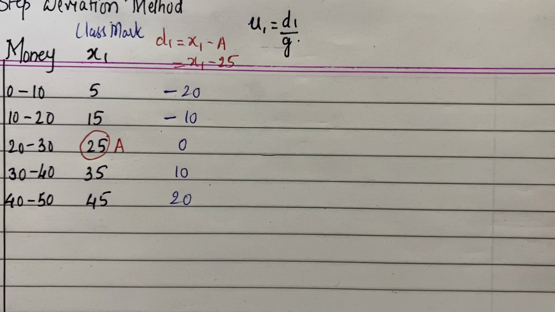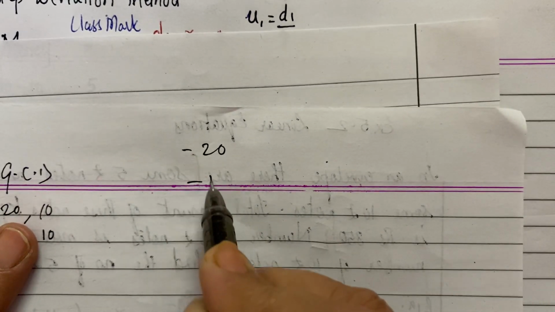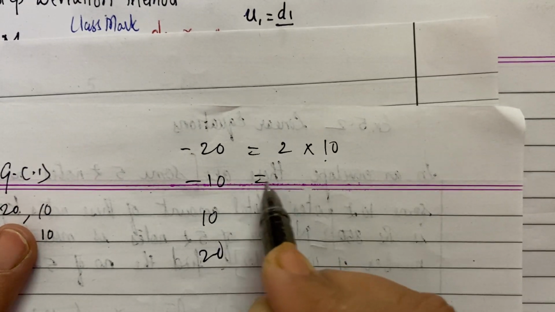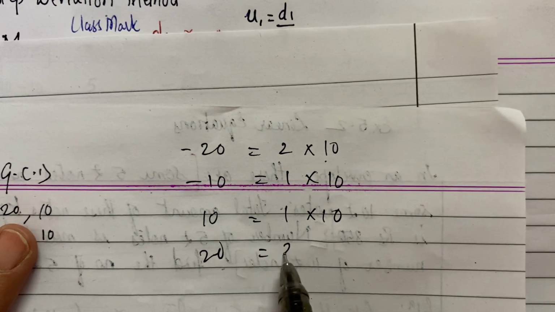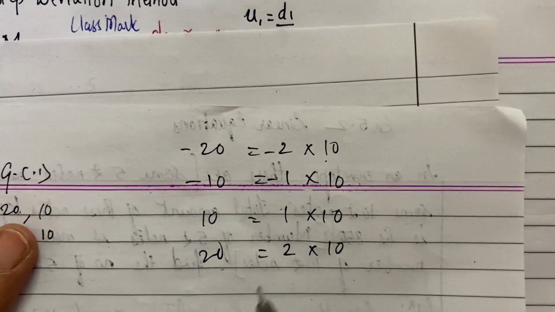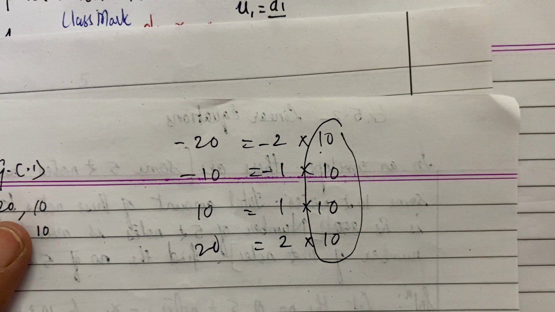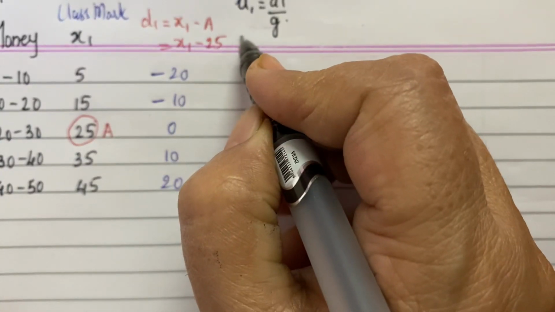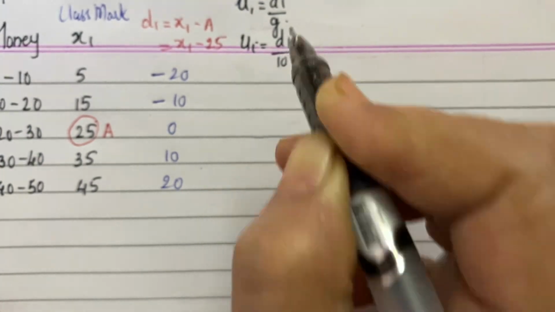If you take minus 20, minus 10, 10 and 20, factors are 2 into 10, 1 into 10, 1 into 10 and 2 into 10. So which is the common factor? 10. So the GCD in these deviations is 10. So ui is equal to di upon 10.